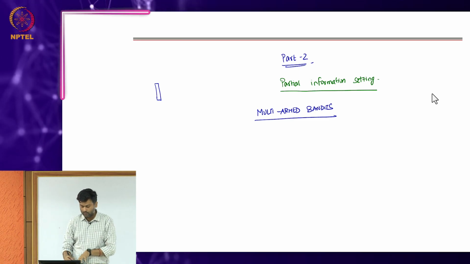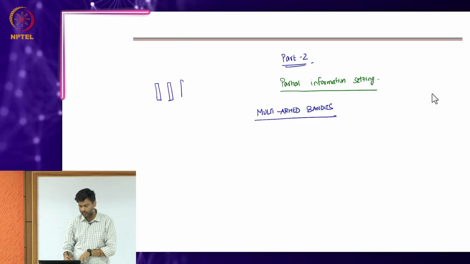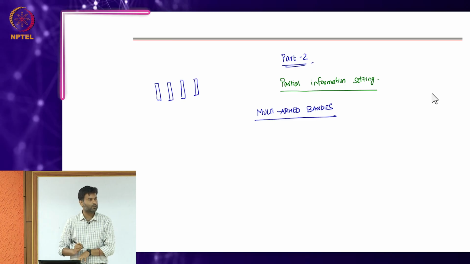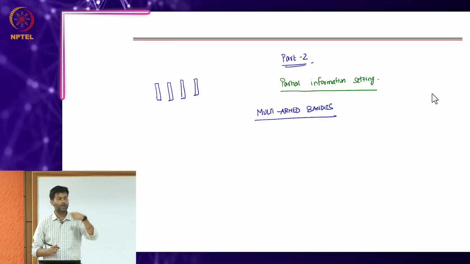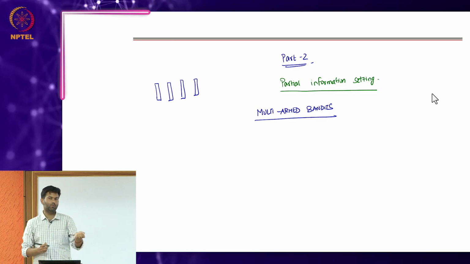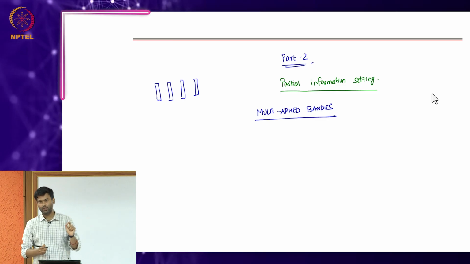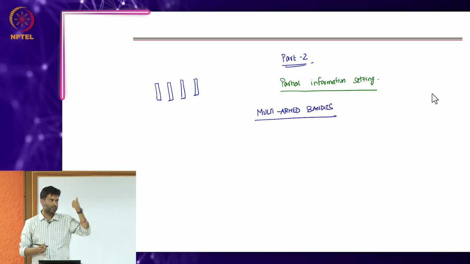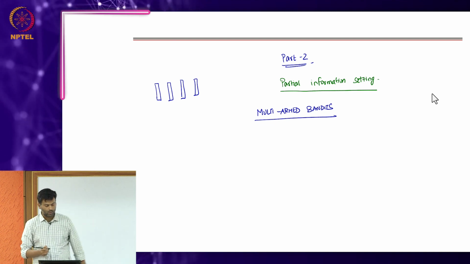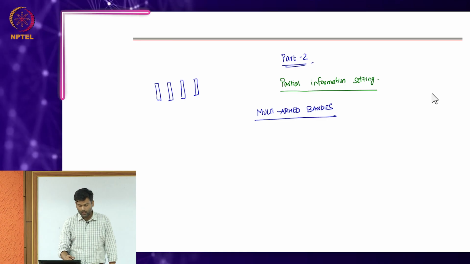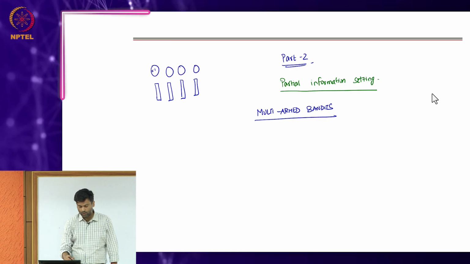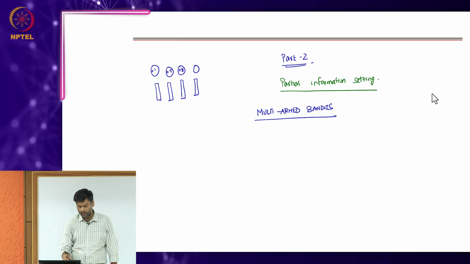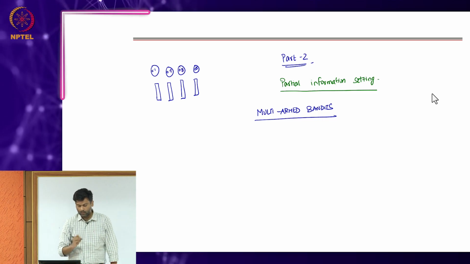Now this is a version of that, where instead of one slot machine, you have multiple slot machines. Every time you pull a slot machine, you get a reward. This reward could potentially be generated by an adversary, or somebody could be tossing a coin and deciding whether you get a reward or not. Let's say there is a coin sitting behind each of these, and each coin has some bias associated with it of giving a reward.